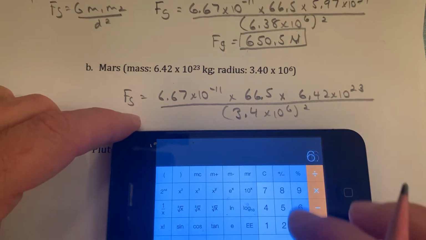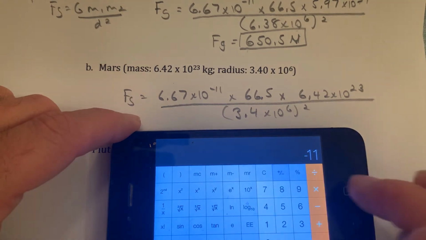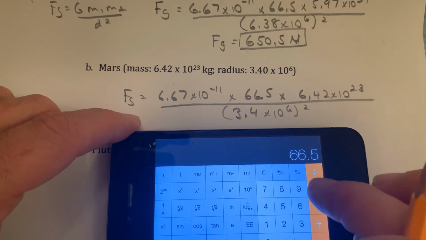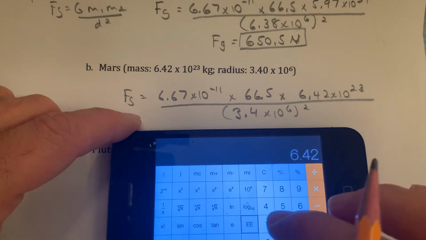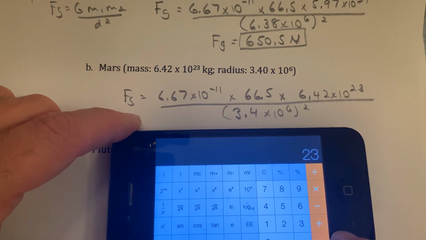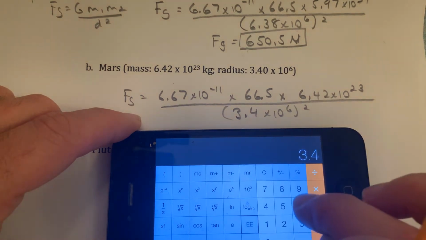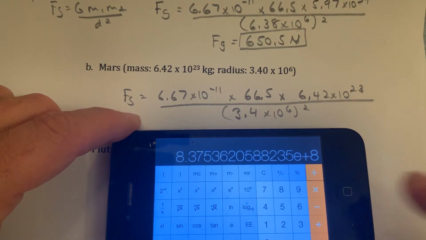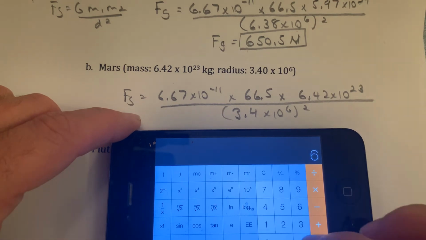So 6.67 EE negative 11 times 66.5 times 6.42 EE 23 equals that, divided by 3.4 EE 6 equals that, and divide it one more time by 3.4 EE 6.